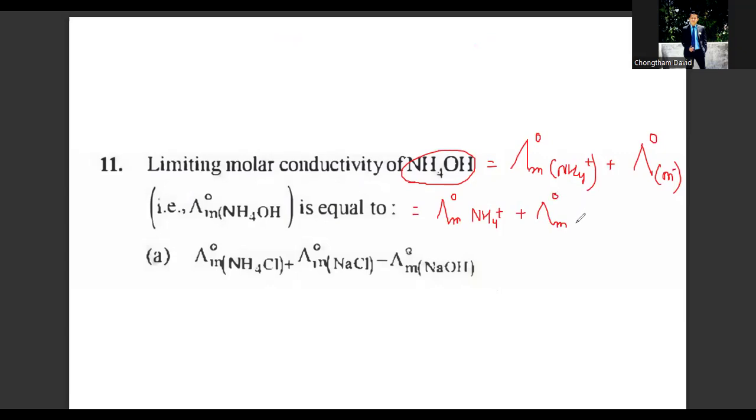So ammonium, if I link this with chloride ion, this becomes ammonium chloride, which is a strong electrolyte. So whatever is not there initially, if you add it, later on you have to subtract it. This is the basic principle of Euclid's lemma, right? Whatever that is not there in the system, if you add it, later on you have to subtract it automatically.